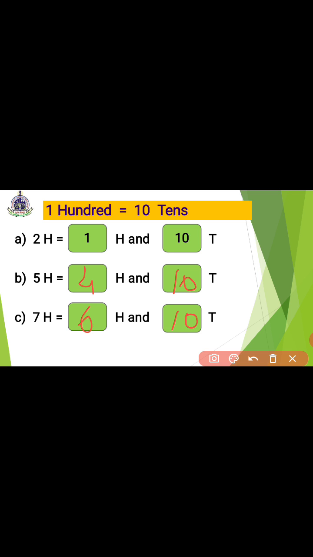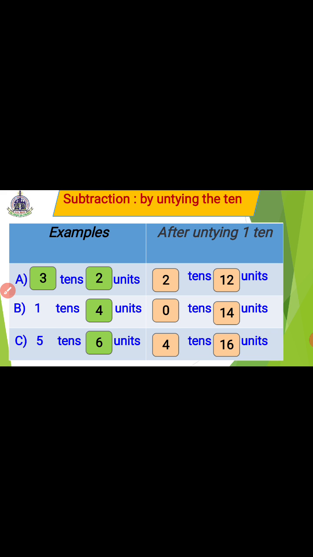Now, students, here we will see some examples of untying the tens. 3 tens and 2 units, it means 32. So, if we untie 3 tens, we will get 2 tens and 12 units.